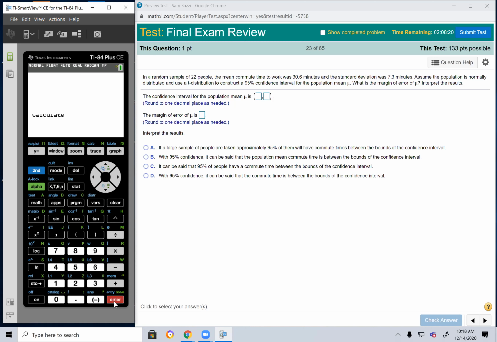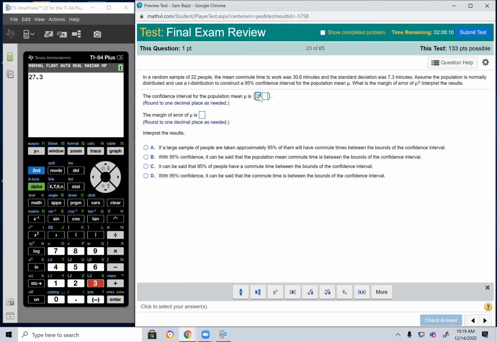There you go. So you get 1 decimal place, 27.3. Oops, what happened here? Let's go back.